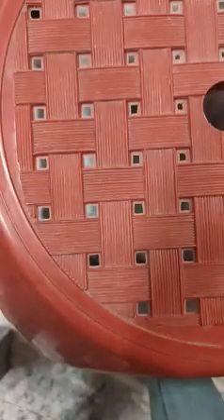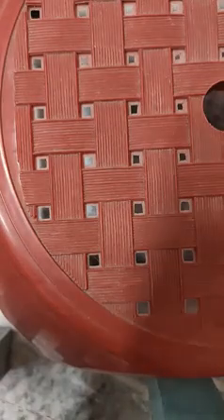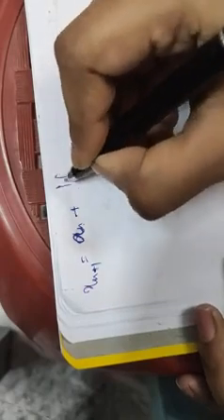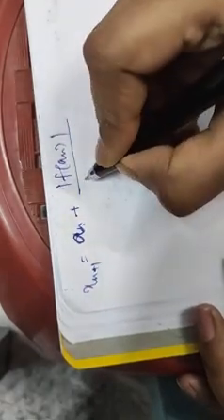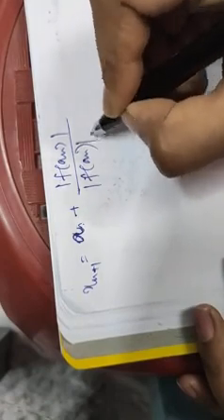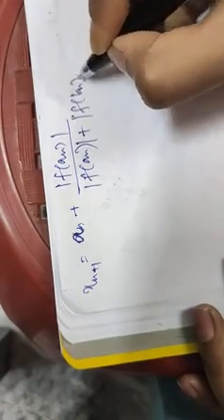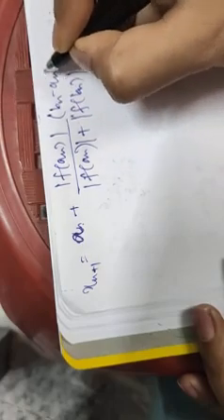Now putting this value, we will get our iterative formula as xn plus 1 equals, not xn actually, an, that was the previous step's value, an plus modulus of f of an by f of an plus f of bn into bn minus an.